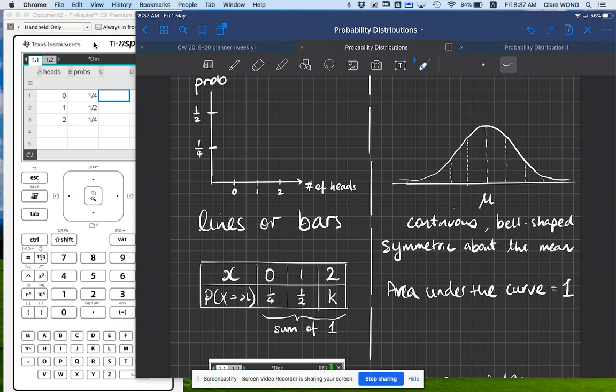But no matter what, we know that all these probabilities will add up to 1. And because of this, we can use it to work out what k is. So in this case, k must be 1, take away a quarter, take away a half. So we will have a quarter.